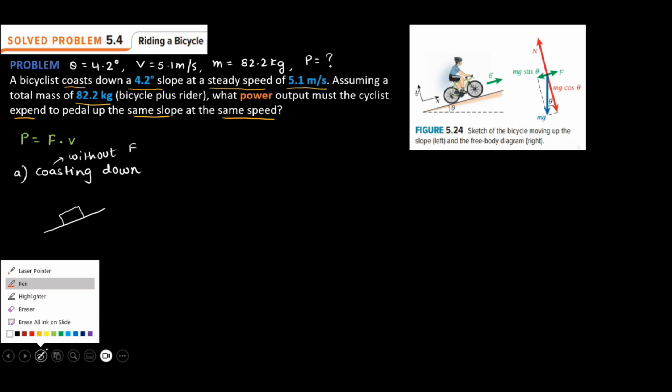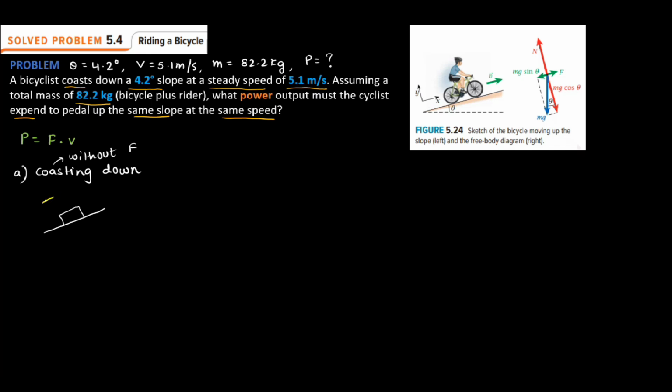Let's look at the forces acting on the bicyclist in this situation. If he's moving down with speed v, the forces acting on the bicyclist will be first the force due to gravity mg acting vertically down. Then you have the normal force perpendicular to the surface, and you will have the force of friction plus all the resistant forces like air drag, air resistance, whichever force is opposing this motion.